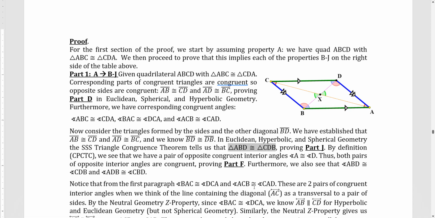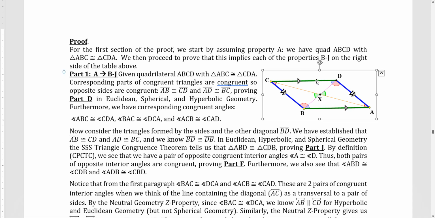Now let's see. Back in the first paragraph, we had some congruent angles, particularly BAC and DCA. Let's find that one. BAC, that's the smaller angle right here, and DCA, that's up here. Now look at that.